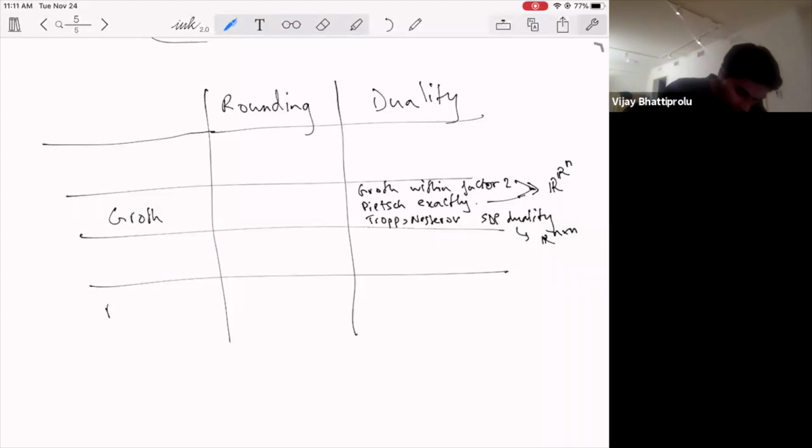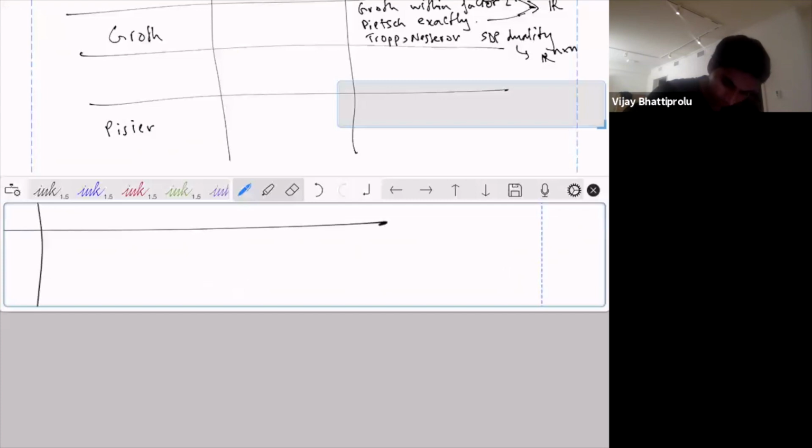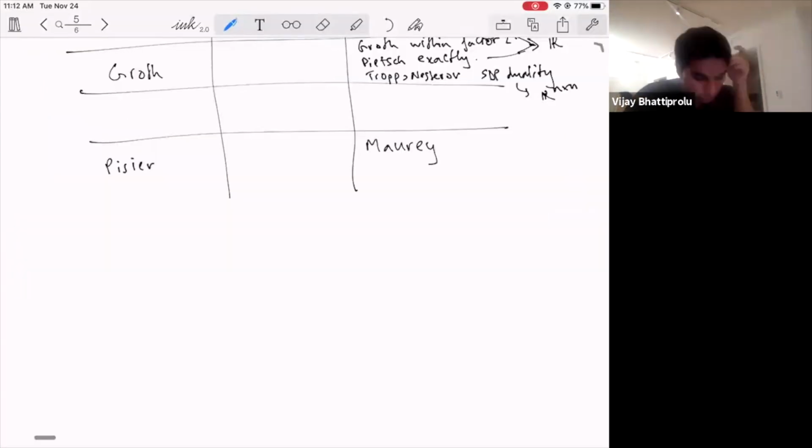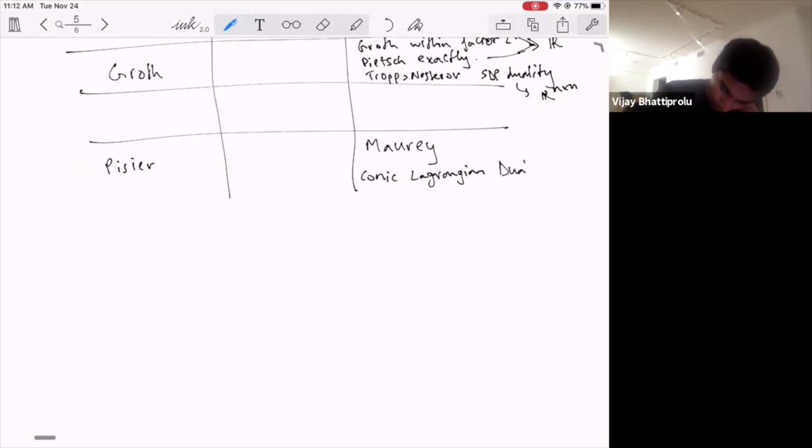Similarly, Pisier's factorization theorem has a rounding step, and it also has a duality step due to Maurey. What we do is show that this duality statement can be reproved using conic Lagrangian duality, in a generalized fashion to the SDP duality earlier.